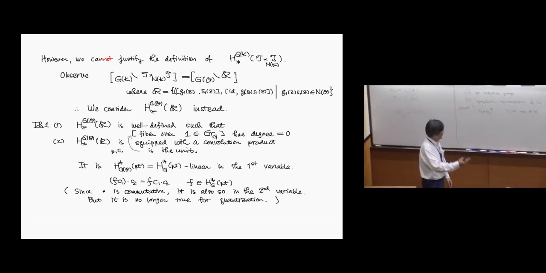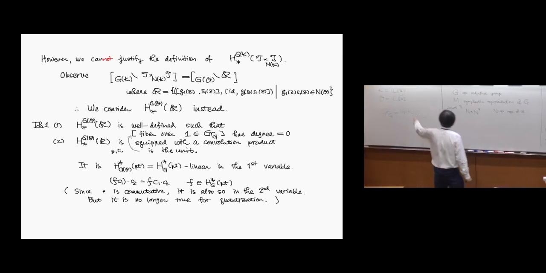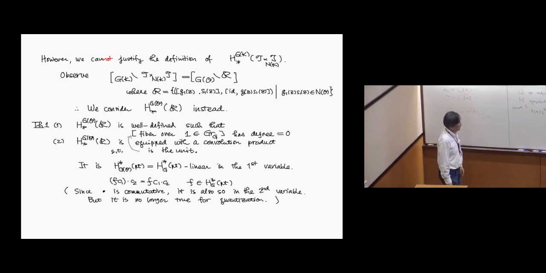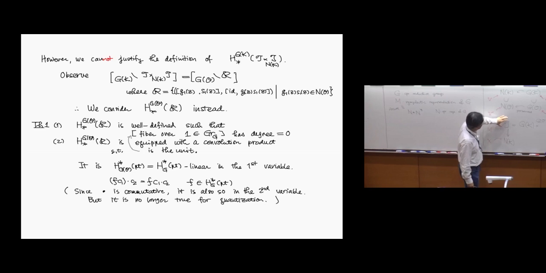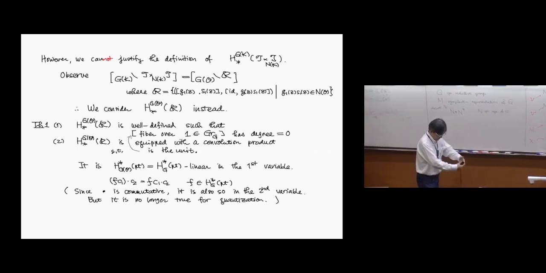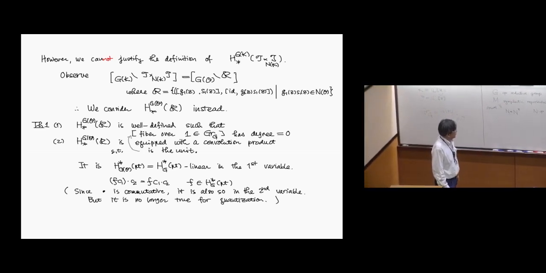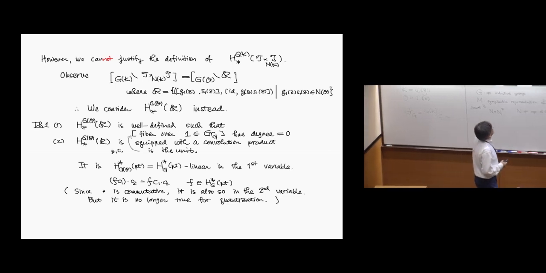But if you truncate the formal Laurent power series by finite series, then you get a finite dimensional, finite rank vector bundle. Together with this treatment of the affine Grassmannian as a limit of finite dimensional projective varieties, you can define this homology group as a limit of homology groups for finite dimensional spaces.